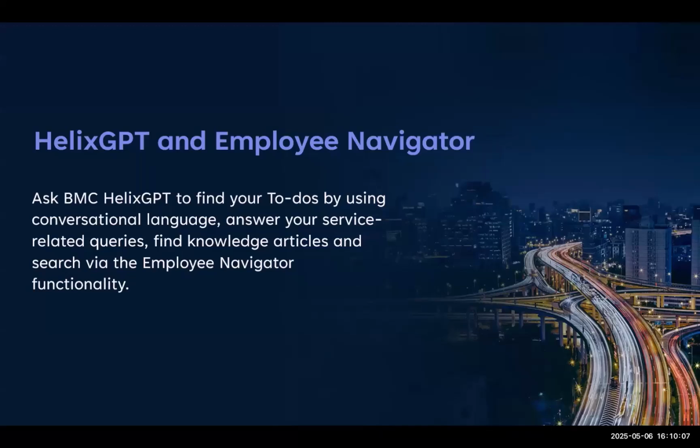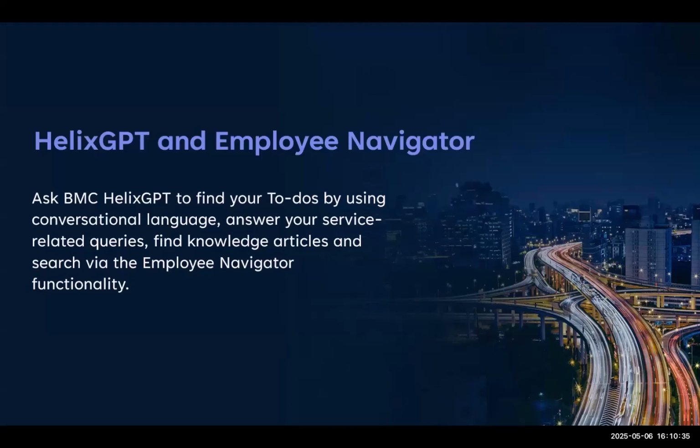One of the really new things is the utilization of what we call Helix GPT. Helix GPT is a GPT. It's agent-based, and in the digital workplace, it is provided to the user in what we call the employee navigator. In the previous versions of DWP, say a user asked a question, they would get a link to a number of knowledge articles, and then they would need to click on these links to go into the knowledge articles.